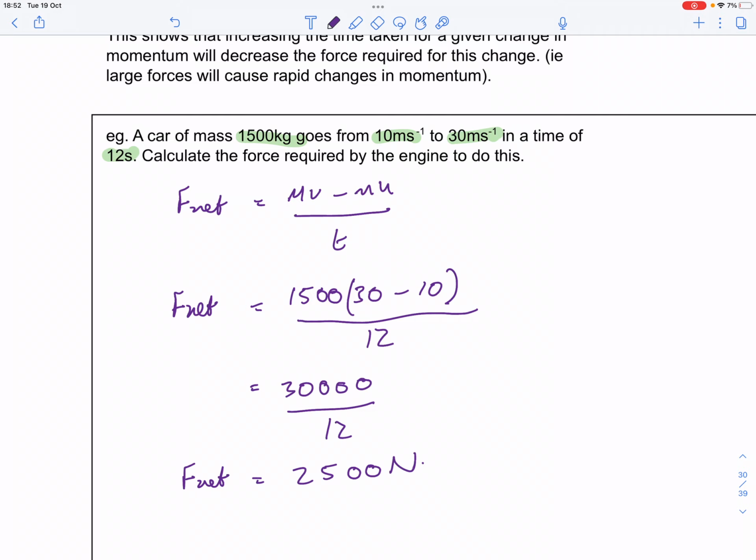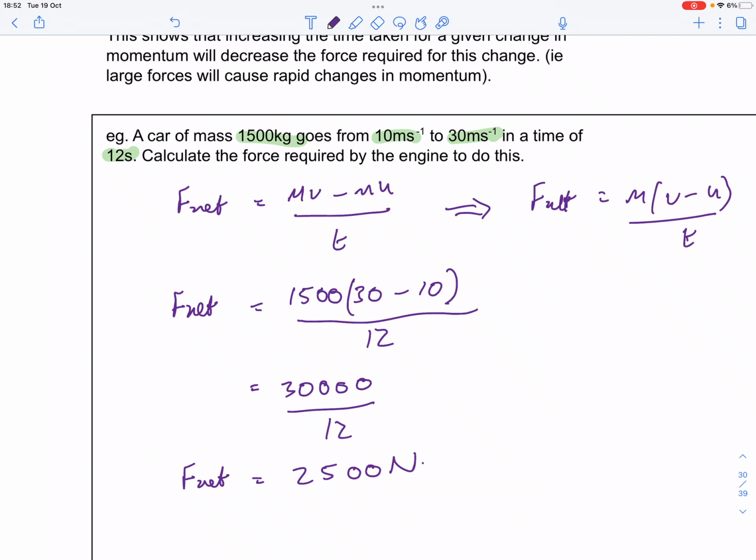Just to say that it's actually a version of Newton's second law, and we can show that because if we factorise this over here with the algebra, we get that the net force is equal to m times v minus u over t. Now, if you remember from our work on motion, v minus u over t is equal to the acceleration, the final minus initial velocity divided by the time.